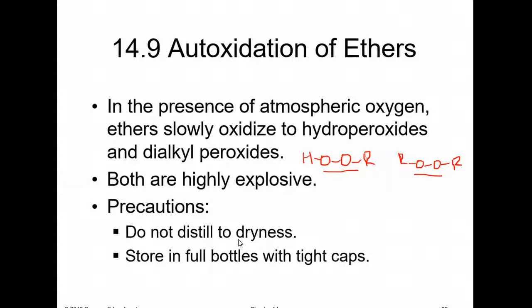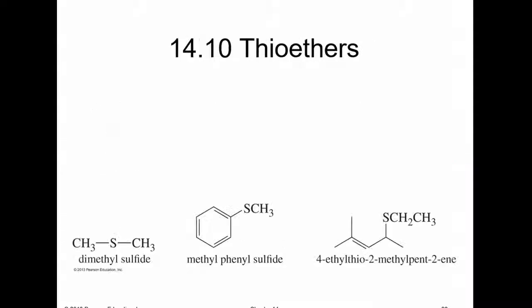Usually keep ethers in a refrigerator to keep them cold, because this reaction drastically slows down if it's cold. You also try to keep ethers under an inert atmosphere, so an atmosphere other than oxygen, like argon or a nitrogen environment. This way you don't have any oxygen in there. You'll notice the ether that we're going to be using in a few of our labs will have a date on it, and the bottle will be cold because it's kept in a refrigerator.